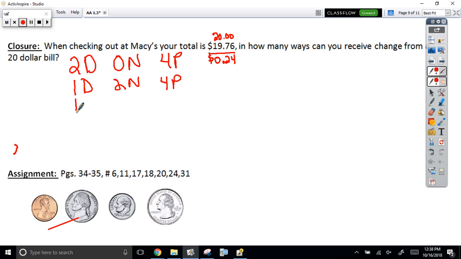Then we'll keep it at 1 dime. Let's drop this down to 1 nickel. So just take the 5 from there and add that here. You'll get 9 pennies. Now we do need 1 dime, 0 nickels. And then how many pennies?